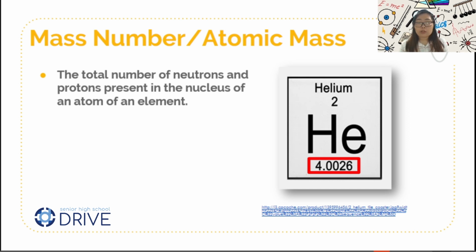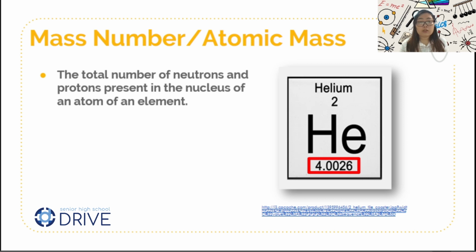So, where will you usually find it? You will usually find it at the bottom part of the element symbol. Okay? So, in this case, helium, its mass number is 4.0026. But for the purpose of computation, we have to round this off to the nearest whole number.